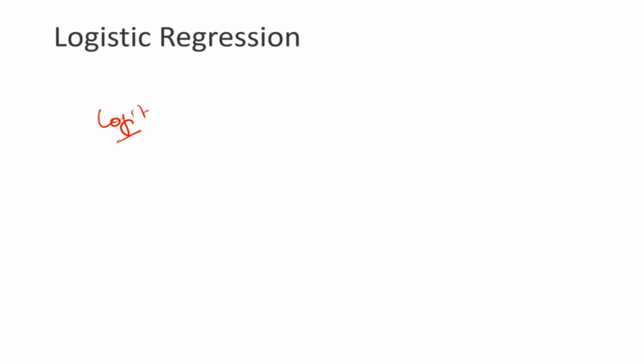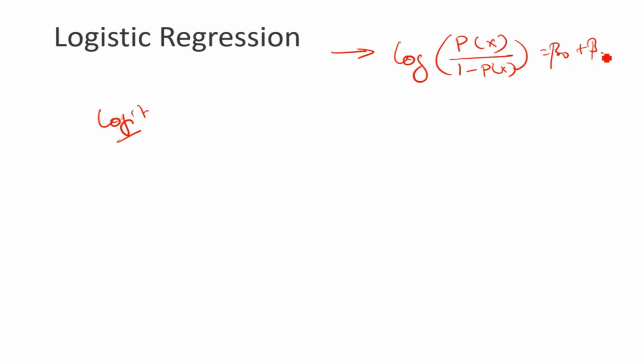So here logistic regression can be expressed as log of p of x divided by 1 minus p of x, which is equal to beta 0 plus beta 1x. And here kindly just observe, dear friends, this p of x divided by 1 minus p of x is termed as odds.